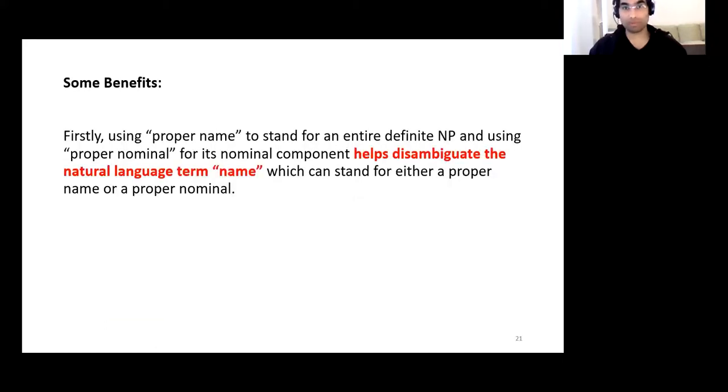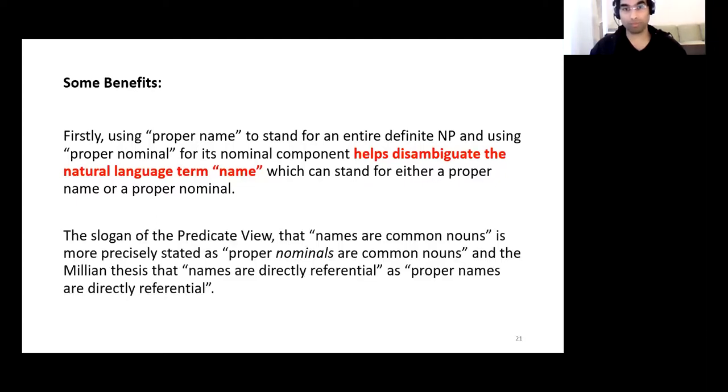This proposed model has many benefits. One benefit is that by using proper name to stand for an entire definite noun phrase and using proper nominal to stand for its nominal component, it helps disambiguate the natural language term name, which can stand for either a proper name or a proper nominal.